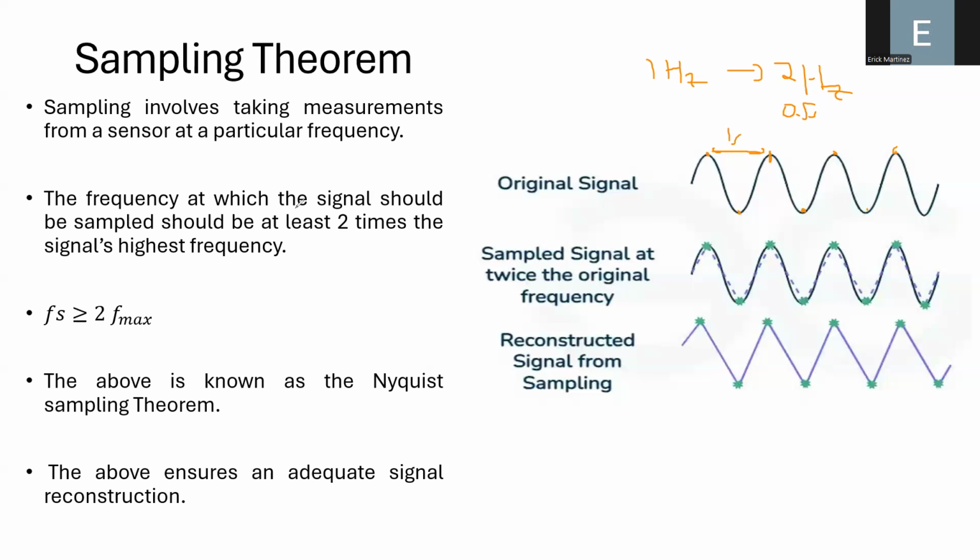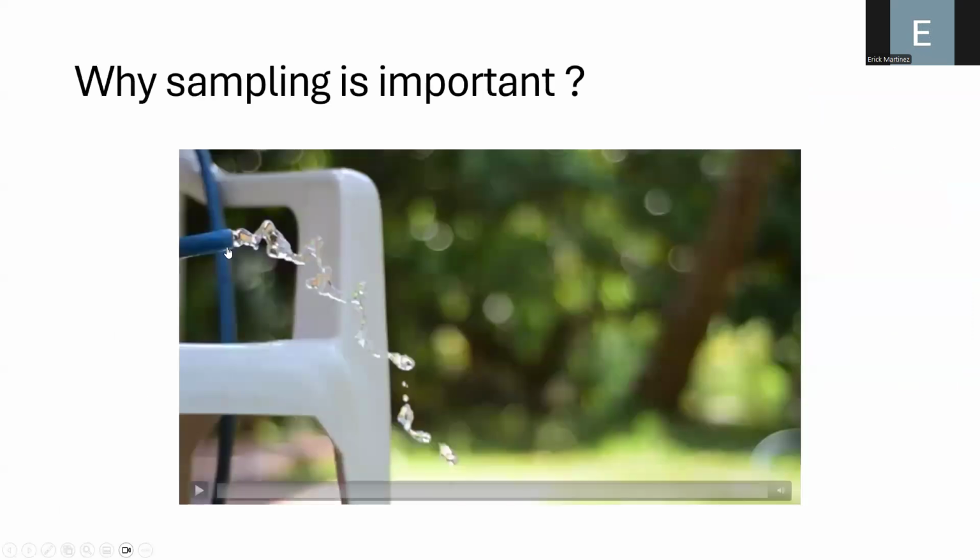Okay, so let's also talk about this. I want to show you this video that explains, or at least lets you visualize, the importance of the sampling frequency. I want to explain this to you to the best I can because many people forget about it. They say, I will collect data, I will measure the data, but they forget about this.